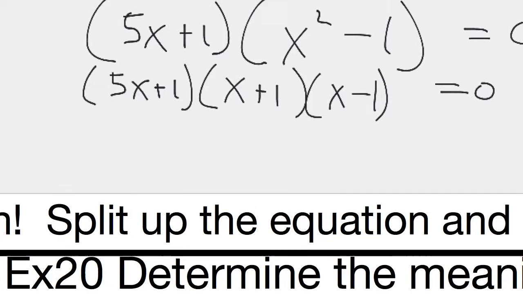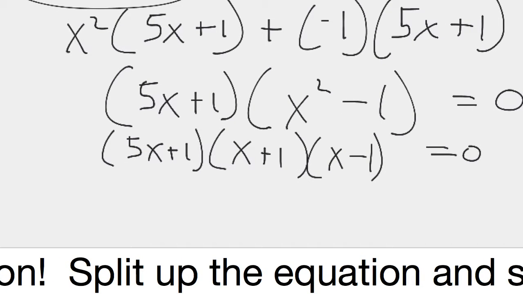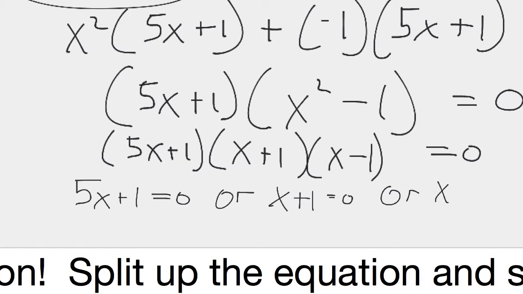The one big reason why we factor is because you can take this step right now. 5x plus 1 is equal to 0, or x plus 1 could also equal 0, or x minus 1 is equal to 0. The whole reason why you can factor is that you can turn each of those factors into individual equations and solve them.